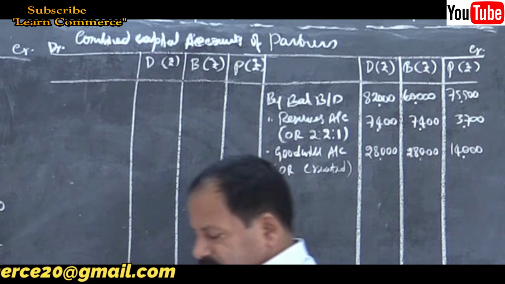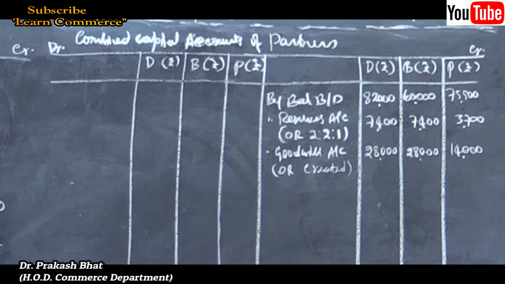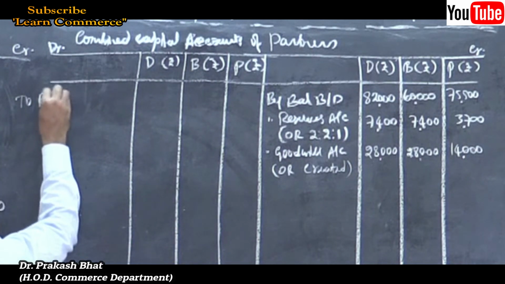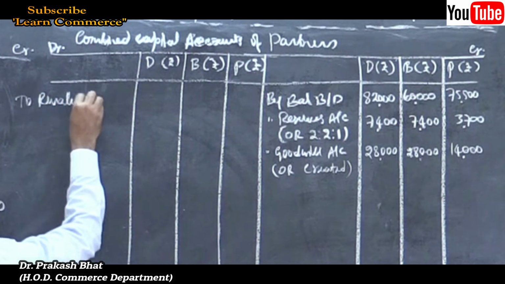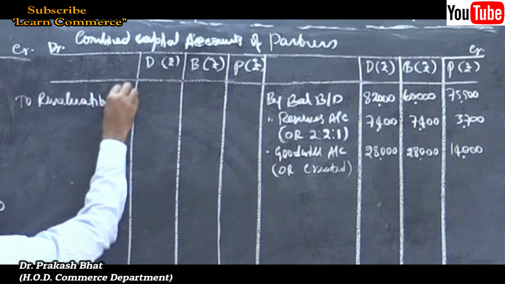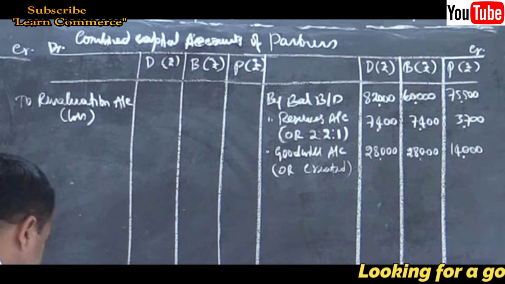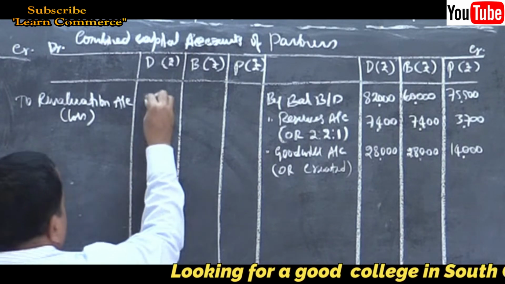That's all. Let us move on to the revaluation account. If you see here, all partners capital account debtor to revaluation account. So on the debit side, loss on revaluation, write the amount 4,400.